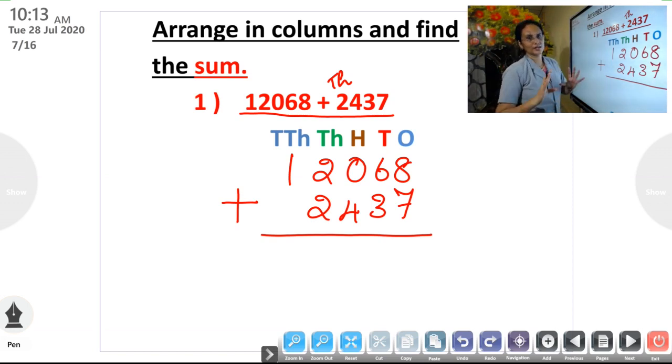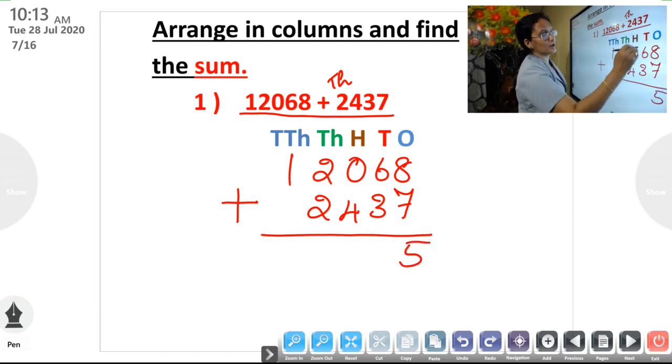Now start adding. Always start addition from the ones place, that is from the extreme right side. 8 plus 7: keep 8 in your mind, then 9, 10, 11, 12, 13, 14, 15. So 8 plus 7 is 15. Write 5.